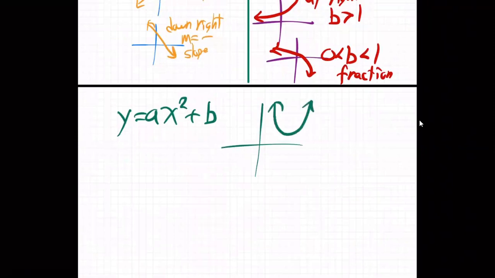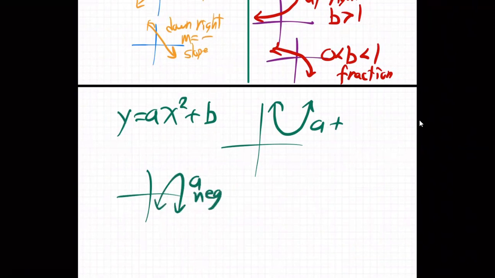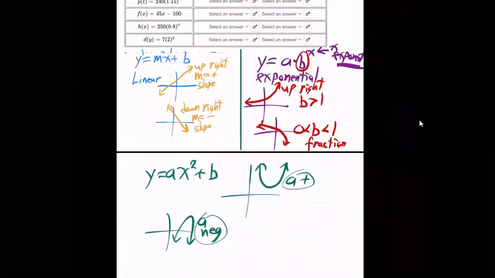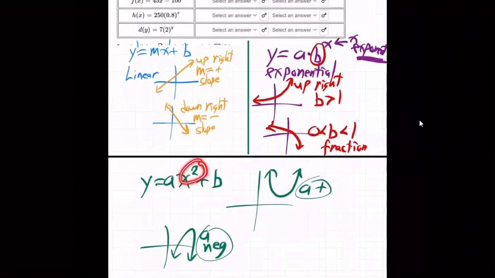That's a U-shaped graph. If a is positive, it goes up. If a is negative, it goes down. So notice that's x squared, right? X squared graphs are U-shapes, quadratics we call them, going down if a is negative, going up if a is positive.